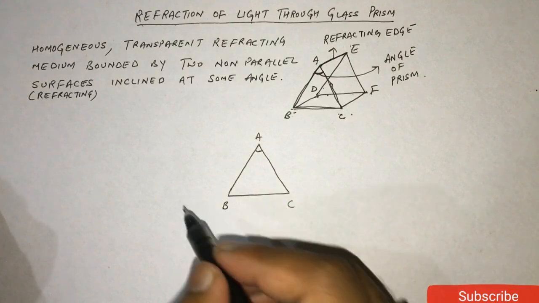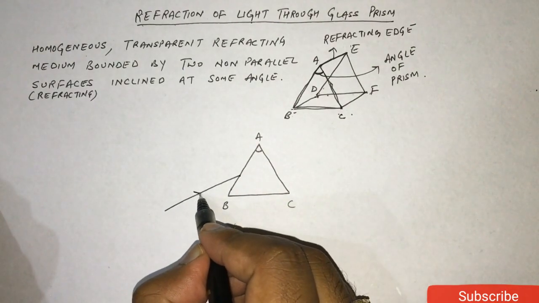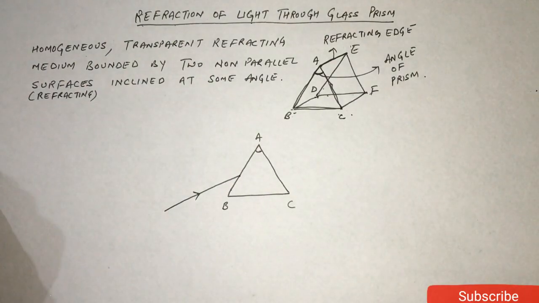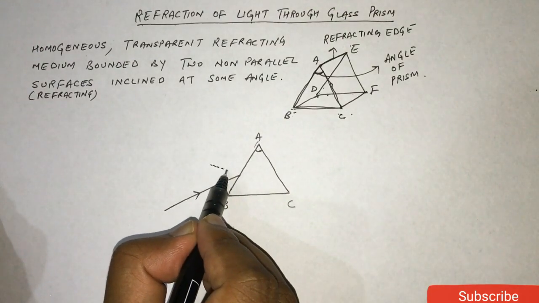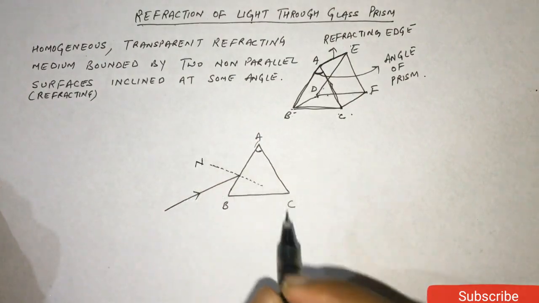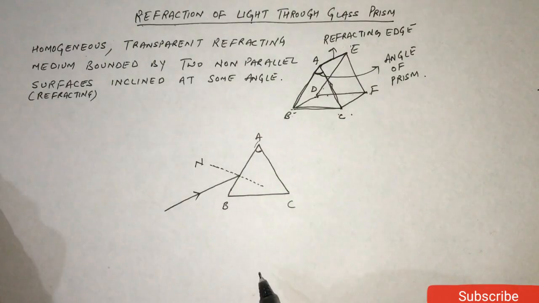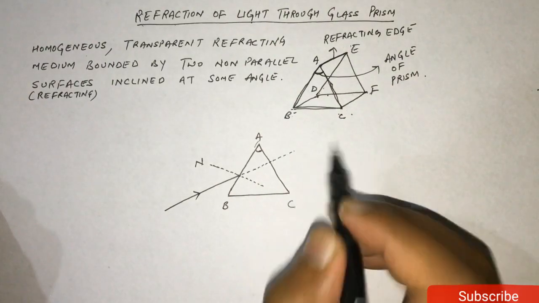Now suppose a light ray incidents on the surface AB. Clear? Now for this surface, the normal means perpendicular is this. Clear? N. So N is the normal for AB. This is the path of incident ray.